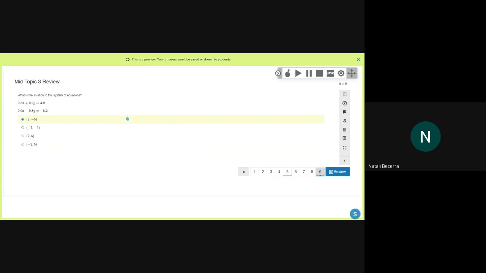Okay, so anyways, you're going to solve for y for both of these equations. So first, put a box around your y. You're going to have to move the 0.3x to the other side. Whenever you move the 0.3x to the other side, you're going to subtract 0.3x because it's positive. The opposite of that is negative, right?